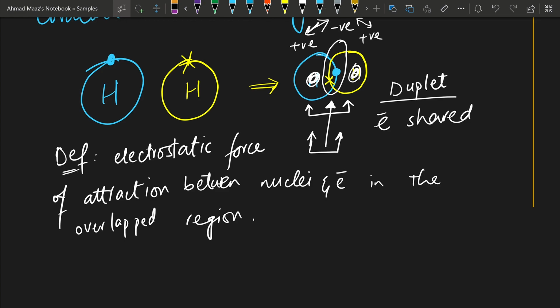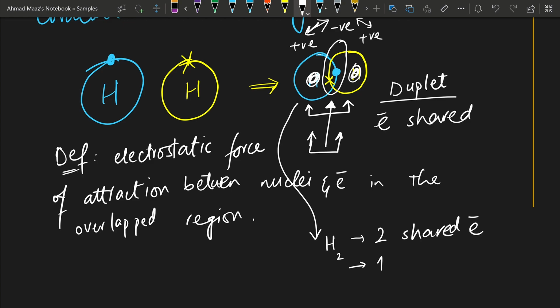All right. So if we talk about this H2 molecule, the hydrogen gas, it has two shared electrons. It is sharing two electrons, one electron each. It has one electron bond pair.